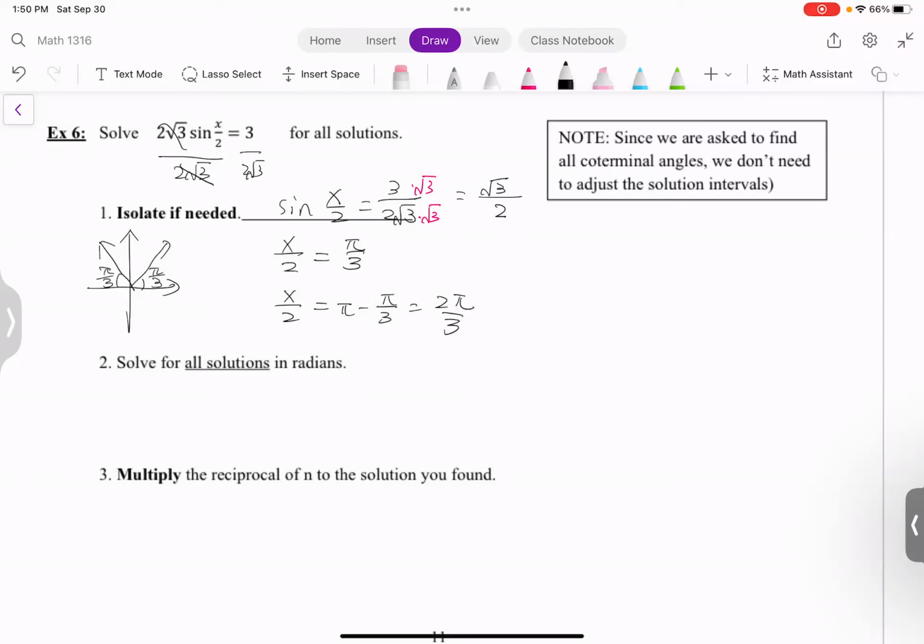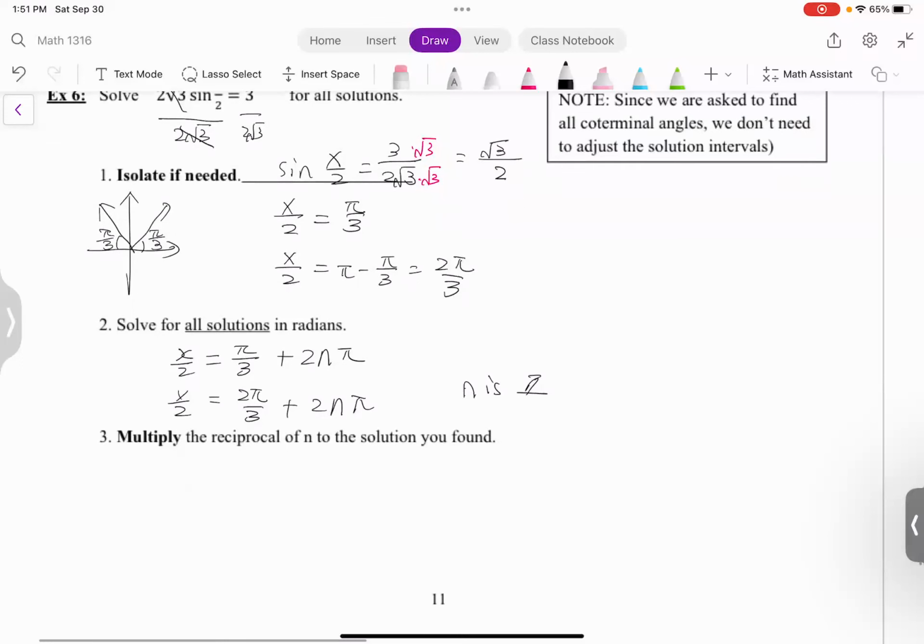And how about all solutions of x over 2? x over 2 equals pi over 3 plus 2n pi, or x over 2 equals 2 pi over 3 plus 2n pi. And here n is an integer.